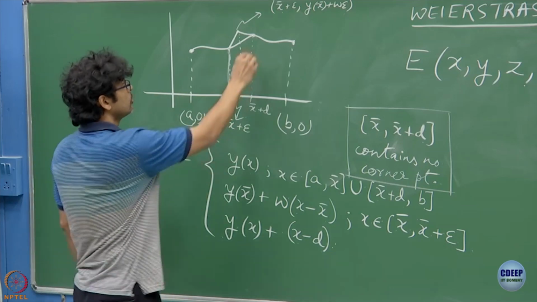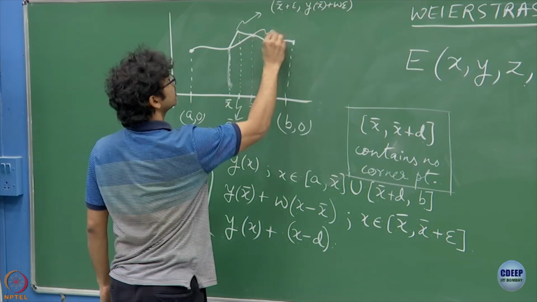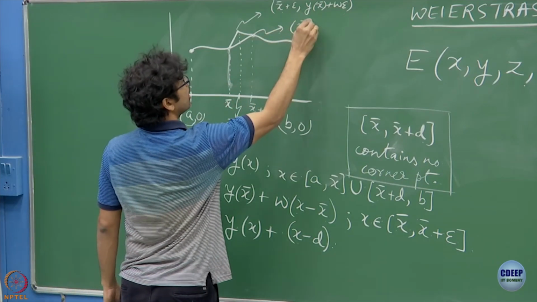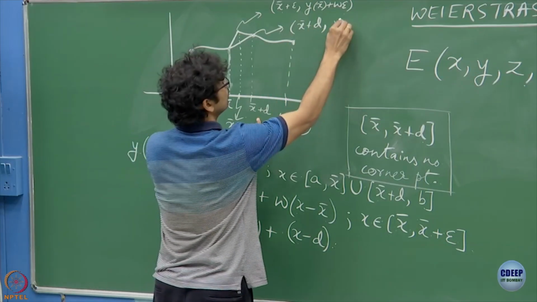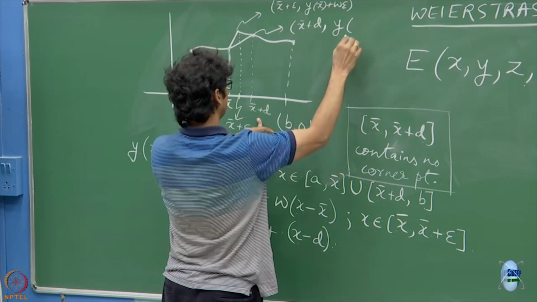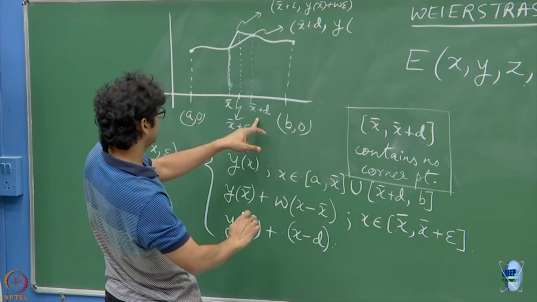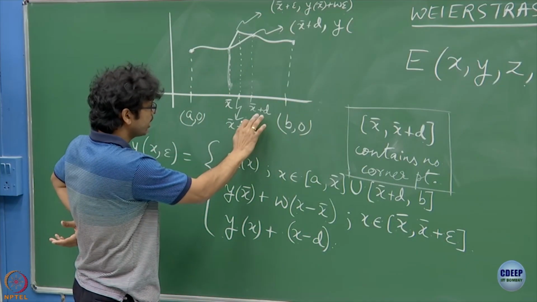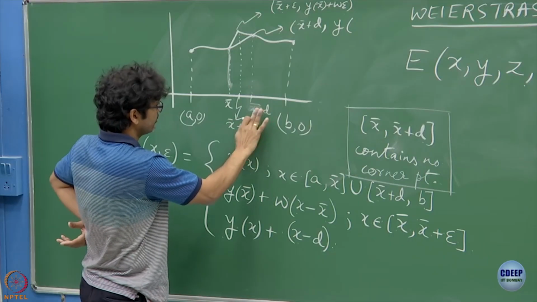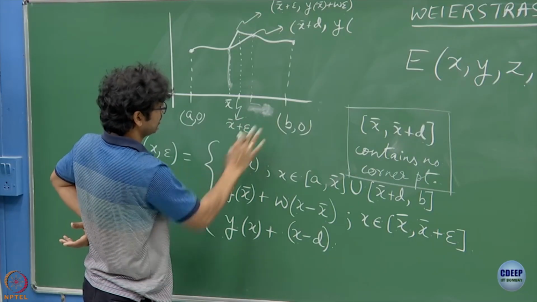What's the slope? So you take the coordinate of this point. What is the coordinate of this point? It is x bar plus d comma y, sorry, actually this will be just d, right? I think I should just call it d. Forget about this x bar plus d. That will make things easy.